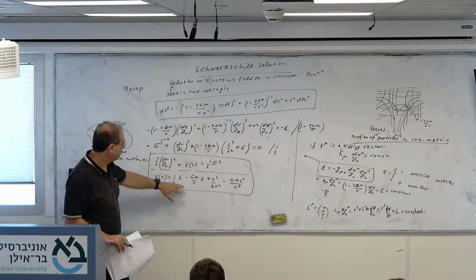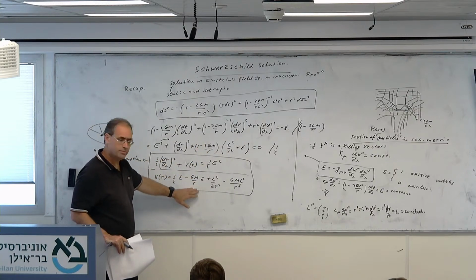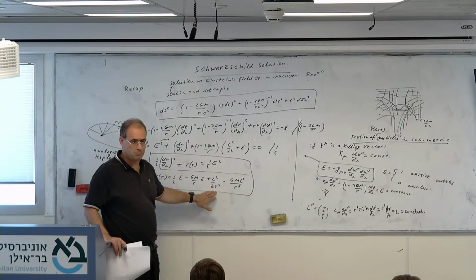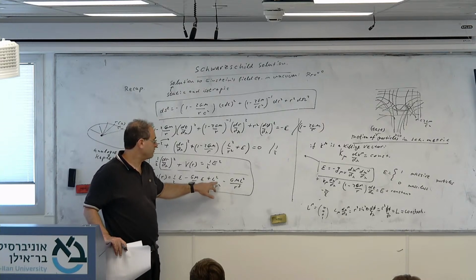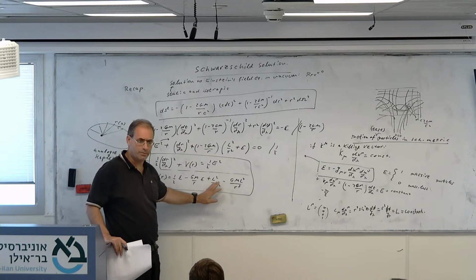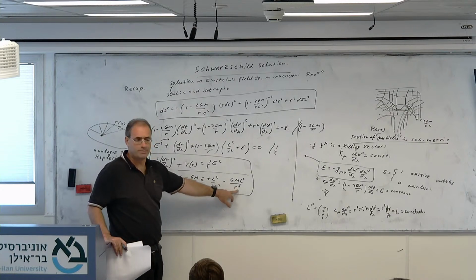This is the effective potential, but this is the correction because of angular momentum. Again, you've seen that in Kepler's laws. Up until here, these two terms are identical to what you've seen in Kepler. This is the new one. This was not there. It makes a whole difference.